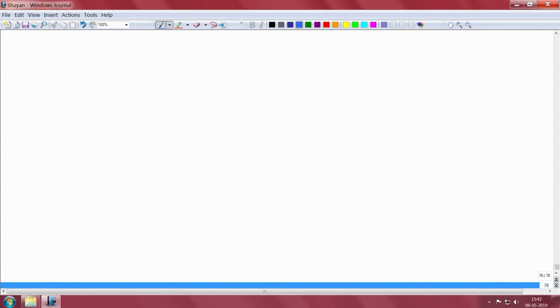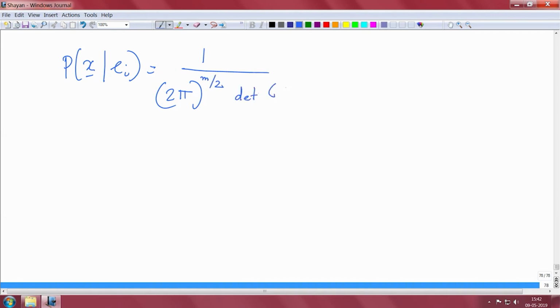So, let us get the conditional densities right now. P of x given C sub i is 1 upon 2 pi. So, we will assume it is m variate, that means there are m variables in the coordinates of the random vector. So, it is 2 pi power m upon 2 determinant of the covariance matrix power half.